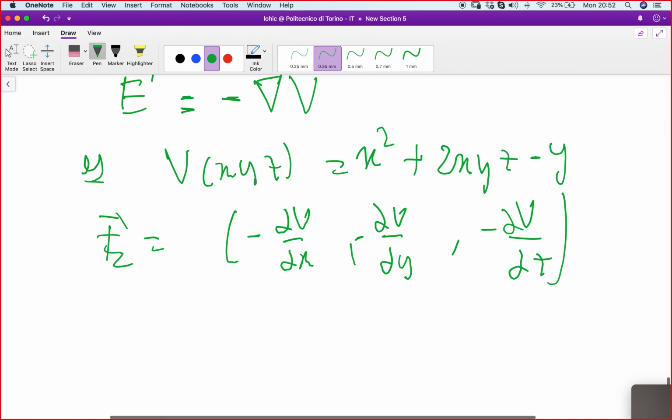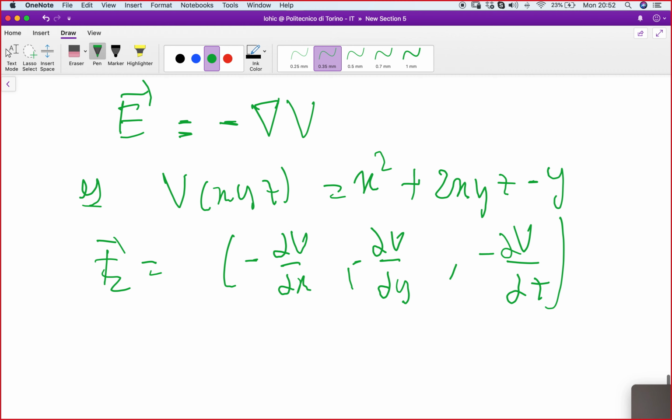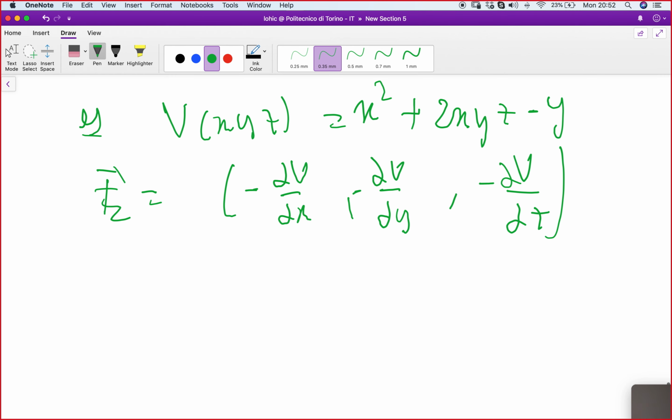So if the electric potential is like this, the electric field at any point will be this vector.